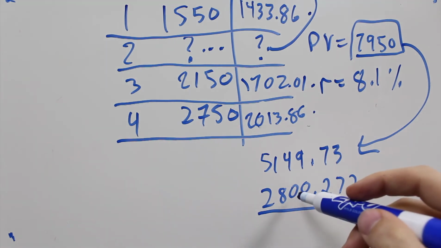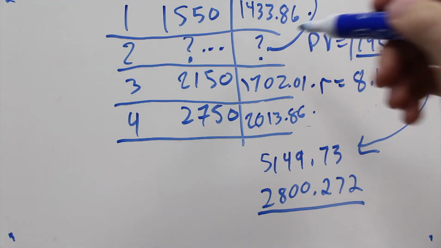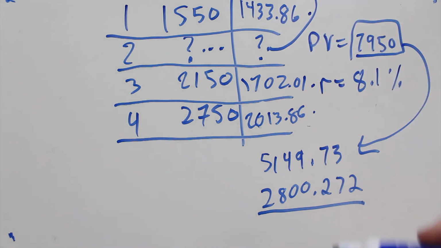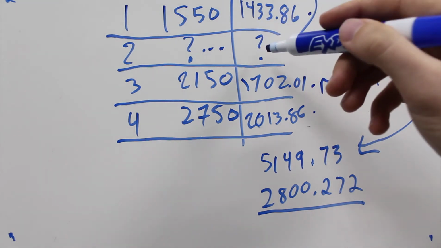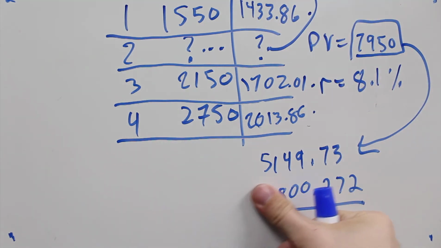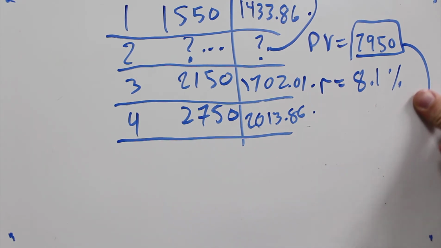Well, I need to future value this to the year 2 so that it will be equal to what that cash flow would be in that time frame. So I'm going to go ahead and erase this down here, and we're going to do that math real quick.